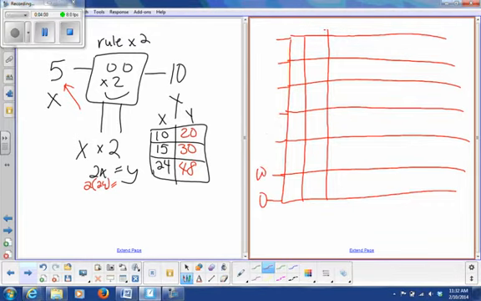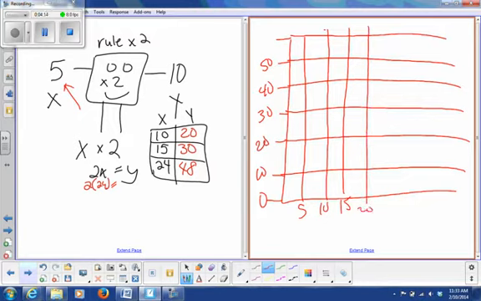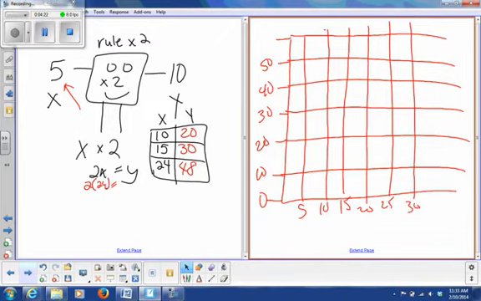So we'll go up by 10s here. 20, 30, 40, 50. Okay, and then we'll go by 10 or 5s over here. 10, 15, 20, 25, 30. Okay, so how am I going to plot my points? Think about that for just a second.